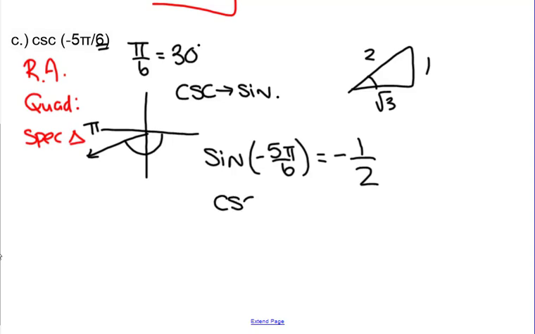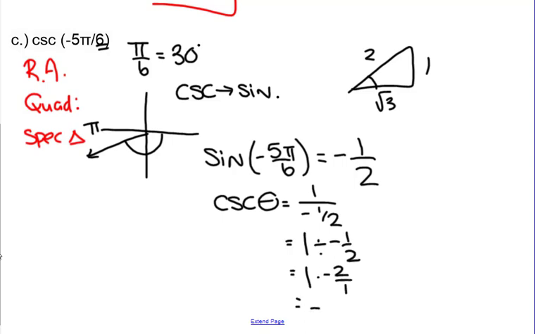So cosecant of negative 5 pi over 6 is going to be 1 divided by negative 1 over 2. That would be 1 times negative 2 over 1, which is negative 2. That's our final answer. So the cosecant of negative 5 pi over 6 is negative 2.